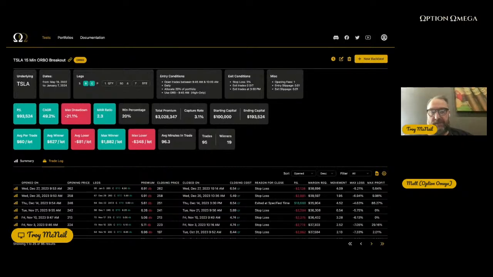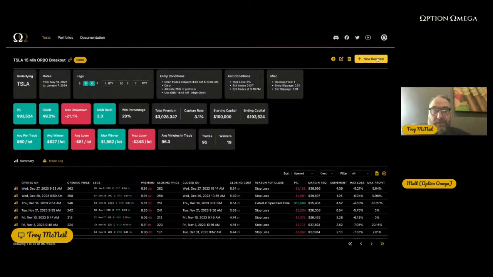As you look at this initial test, is there anything that pops out to you that's interesting? 20% win rate, yeah. That's a very, very low win rate, right? And yet it's a profitable strategy. So why such a low win percentage? You are just getting stopped out all the time.